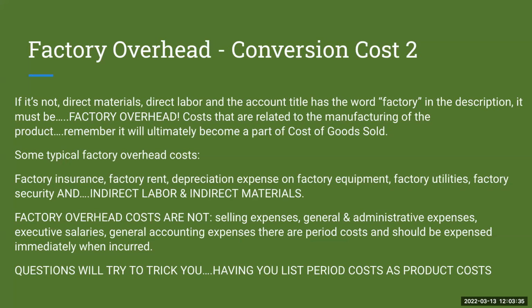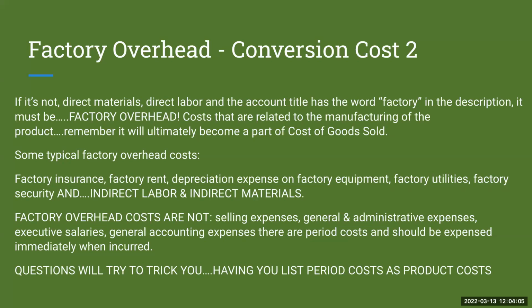We'll see it later. Our factory overhead costs are not, and this is also really important, selling, G&A, executive salaries, general accounting. If I have depreciation expense on office equipment, office utilities expense, office security, office insurance, office rent, those are period costs and are going to need to be expensed out immediately.